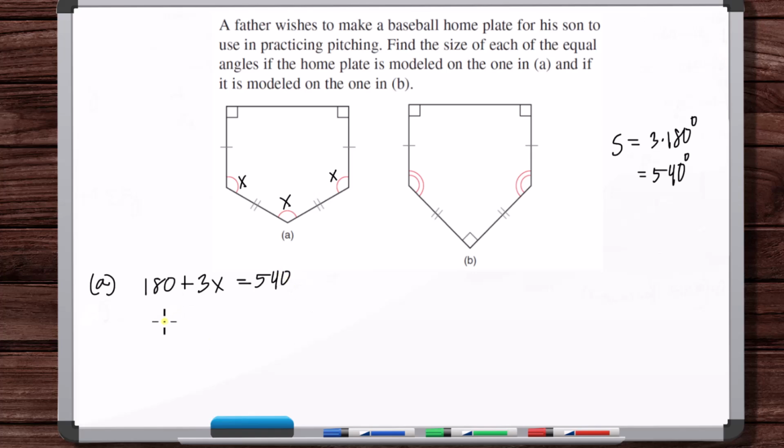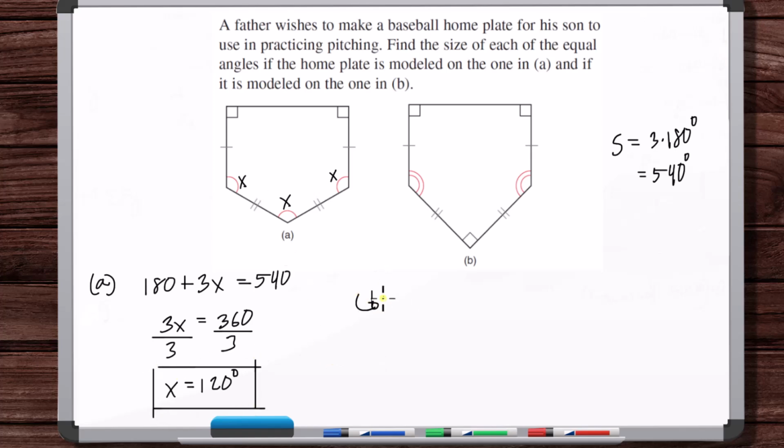So 540 minus 180 is 360, so X is 120 degrees.